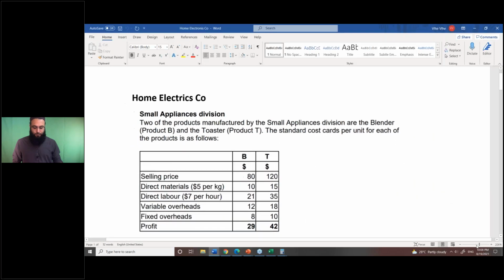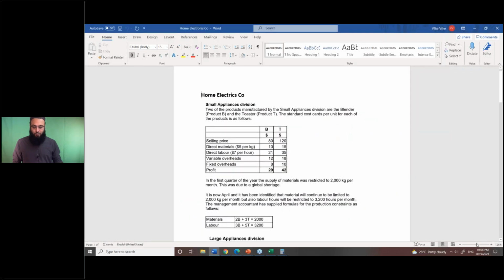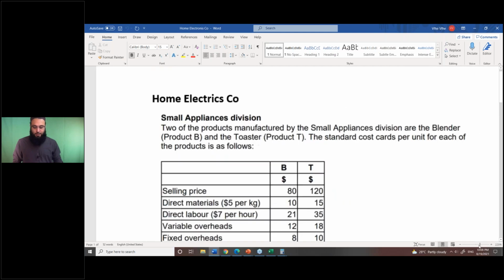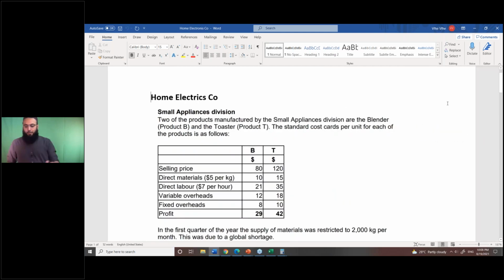Okay. Now it's the latest question of exam, home electronics, small appliances division. It's an MTQ, okay? So let's begin now. Two of the products manufactured by small appliances division are the blender B and the toaster T. The standard cost card per unit for each of the products is as follows.